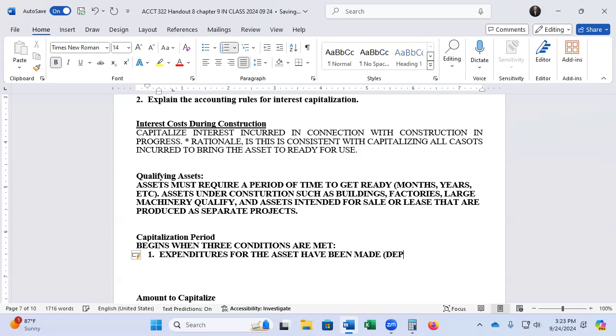And this could be a deposit, so you could have already put a deposit down. You could have already been making expenditures.